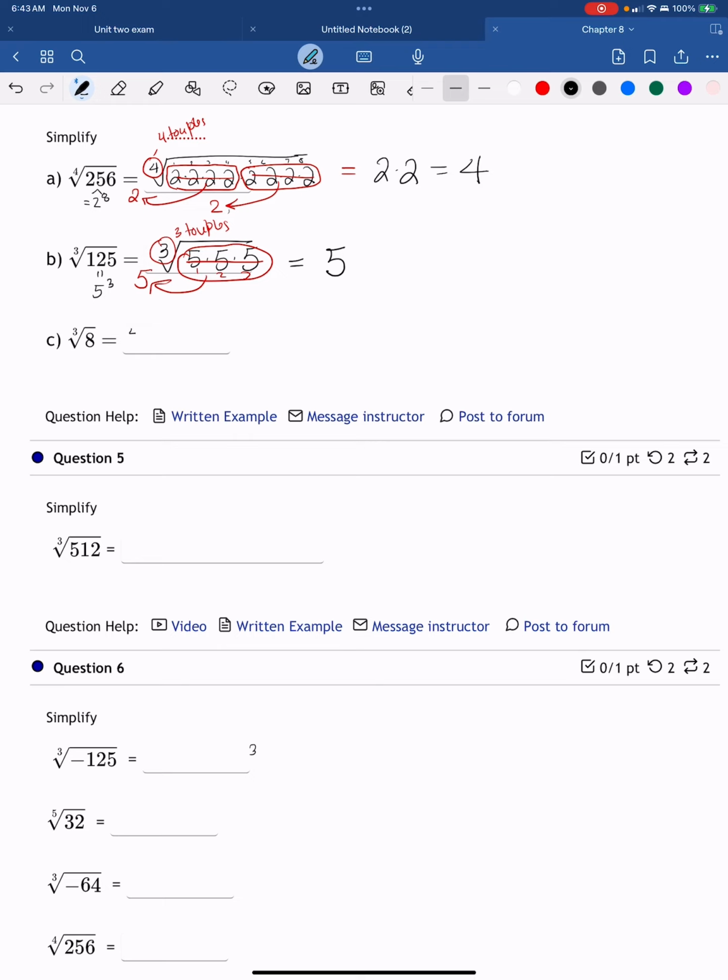I need to make sure you rewrite. So 8 is 2 cubed. I have 3 of them, and here we can see that we're doing 3-tuples. 1, 2, 3. So this equals 2.